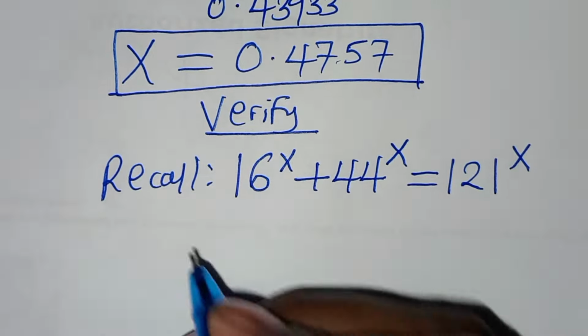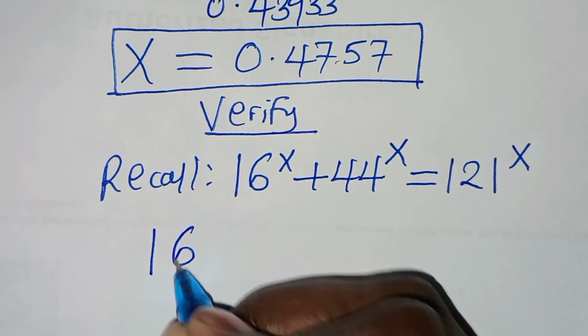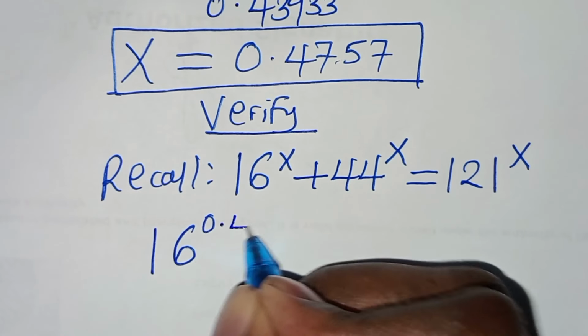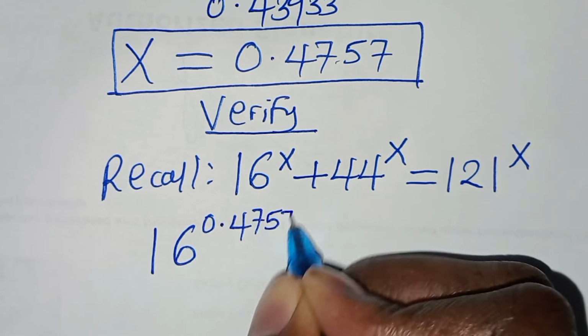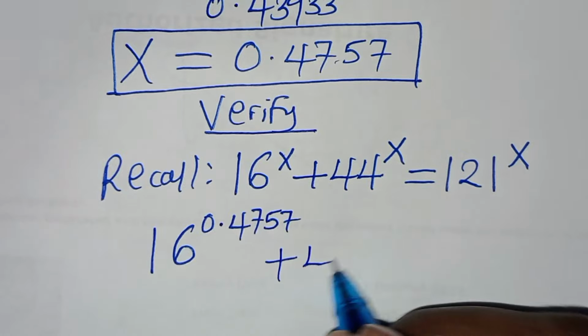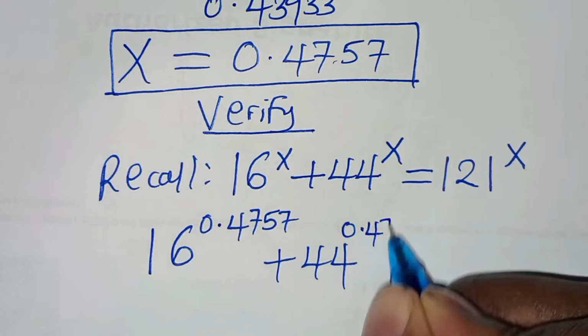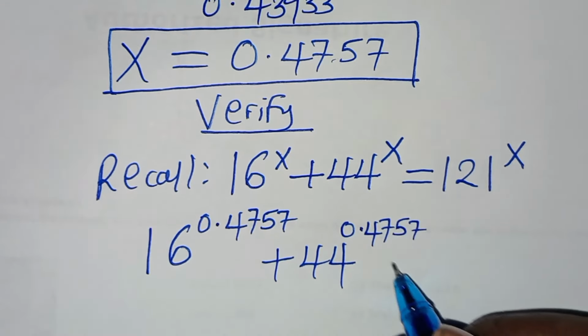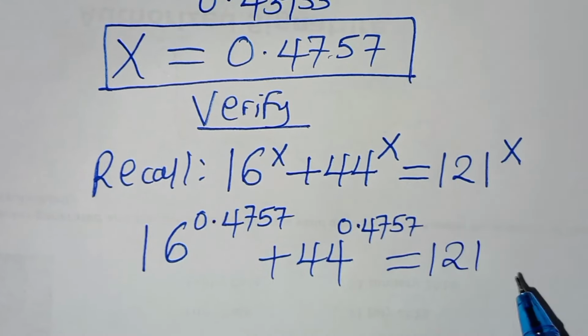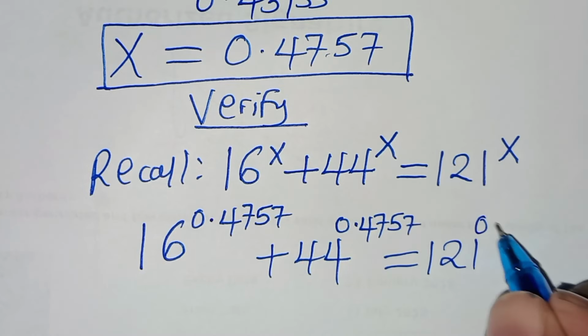Let's substitute the value of x so that we have 16 raised to the power of 0.4757, plus 44 raised to the power of 0.4757. This is equal to 121 raised to the power of 0.4757.